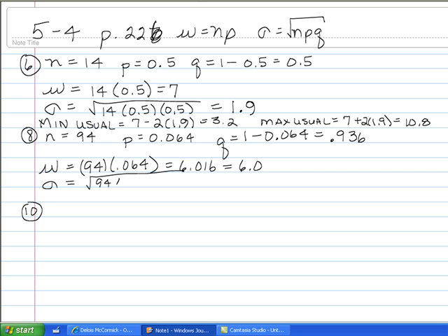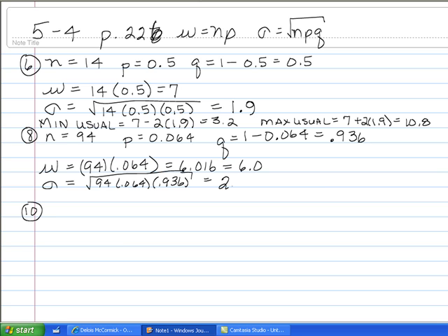And so for sigma, we want to take the square root of 94 times 0.064 times 0.936. Close it off. And I'm getting 2.37, so that would be 2.4.